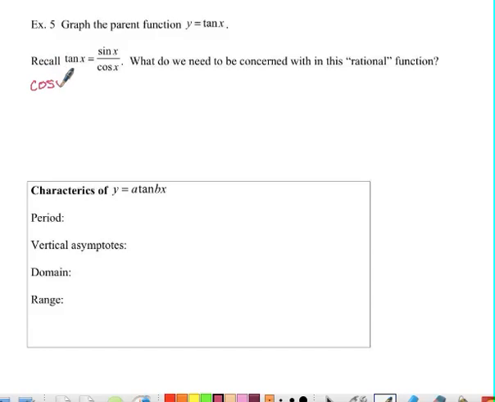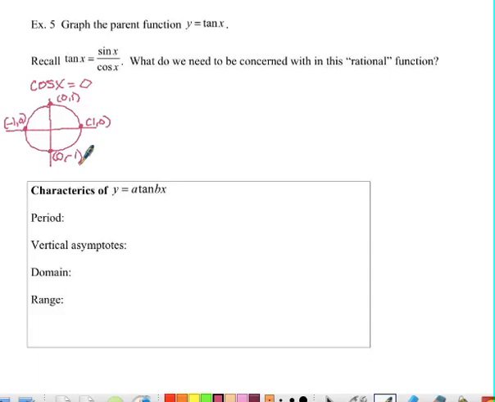So if we look at where cosine x equals 0, let me draw a little unit circle and our 4 main points. If you recall, along the unit circle, it goes cosine, comma, sine for every x, comma, y.